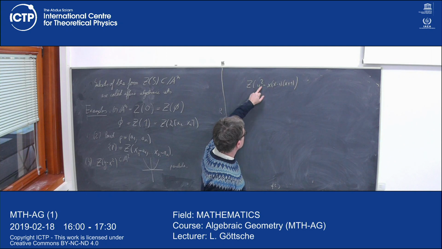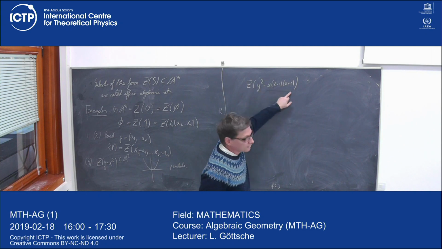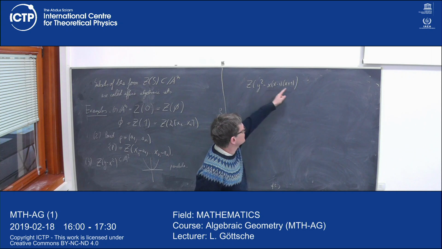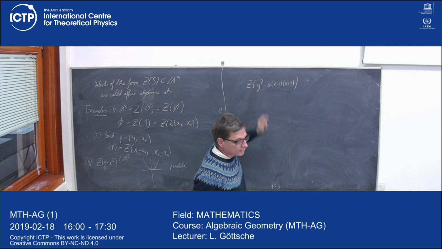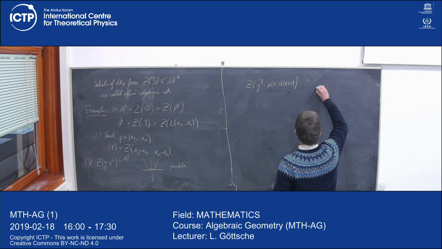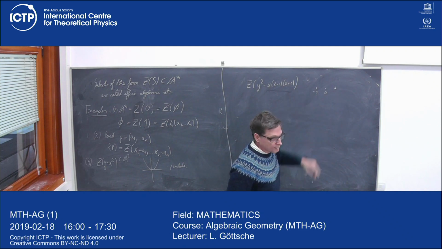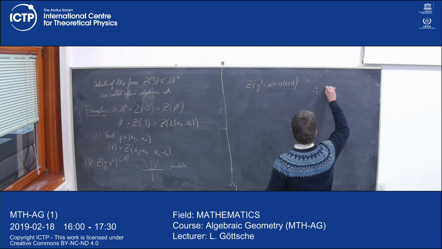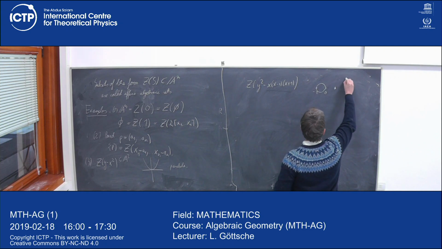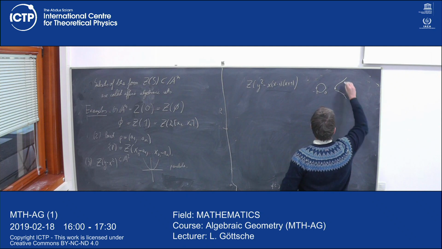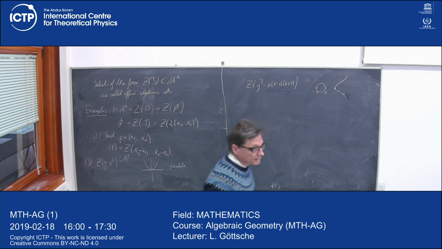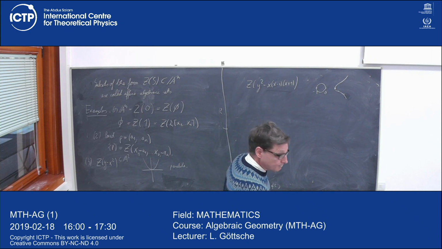The square of the y coordinate must be equal to this product. So if any of these factors is 0, then the square is forced to be 0. So we know that over the points minus 1, 0, and 1, it has to go to this point, and the real points will look somehow like this. So this would be a non-singular cubic.